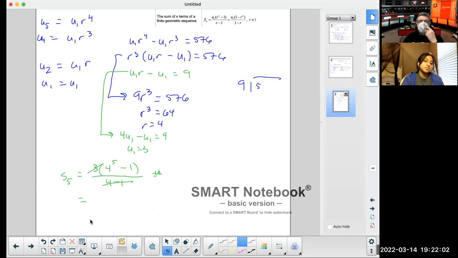Oh, right. 4 cubed is 64. 256 times 4. 4 times 250 is 1,000. 1024. So it equals 1020.